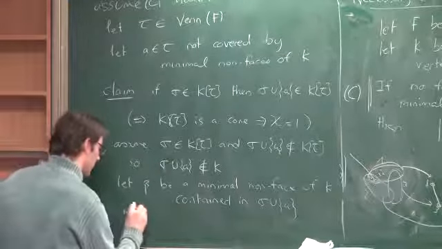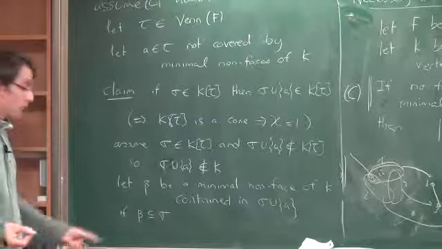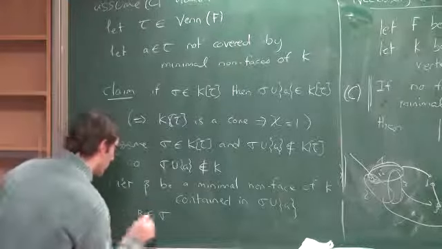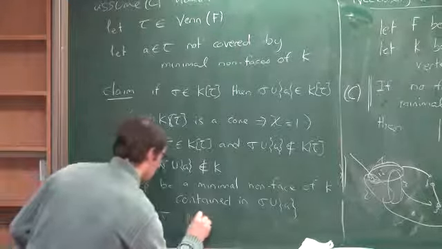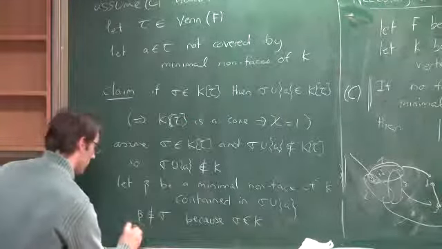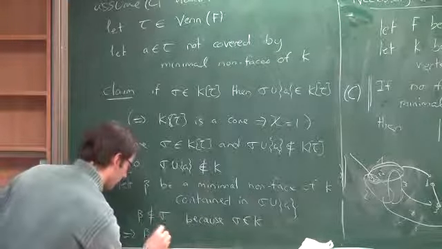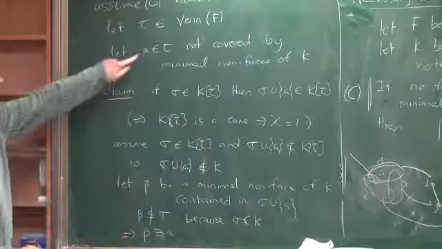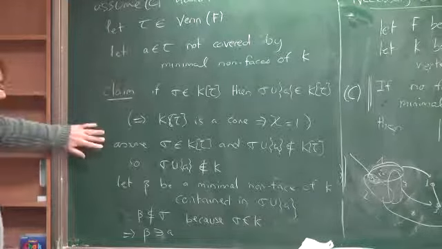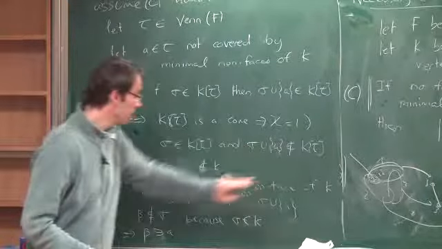If beta is contained in sigma, I get a contradiction because sigma is in K. So beta cannot be, so beta contains A, but that contradicts this assumption. So I started by assuming that I had a sigma such that the union with A is not there, and I get a contradiction.